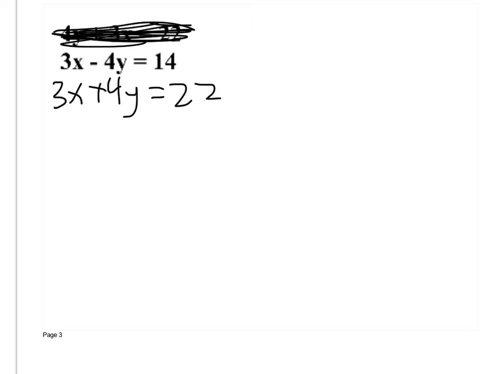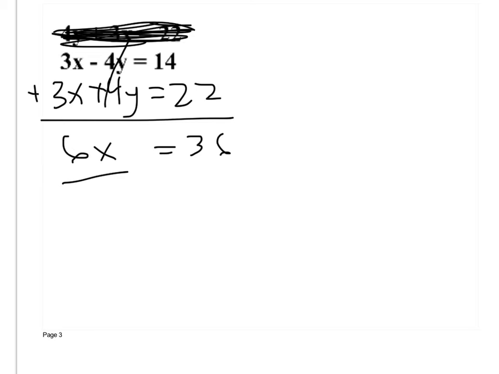So now I've got a line. I can add these. I do 3x plus 3x and get 6x. I do negative 4y plus 4y, which cancels each other out. Now I do 14 plus 22, which gives me 36.